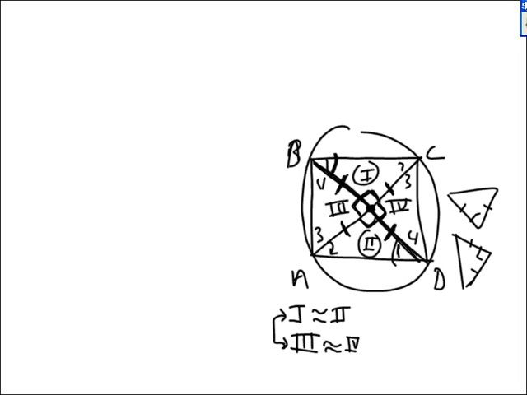Okay, so now, I just want to say it for the right reason. I want to call this point in the middle the center. And what properties does the center have?